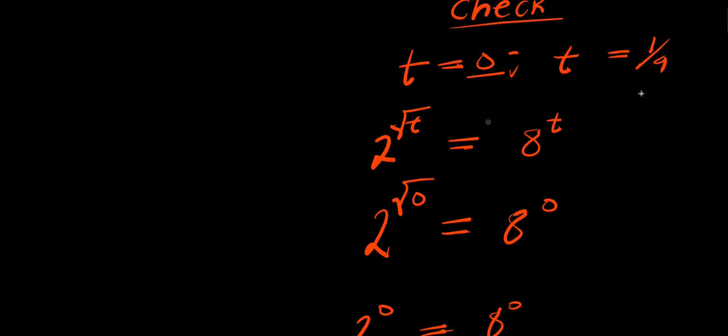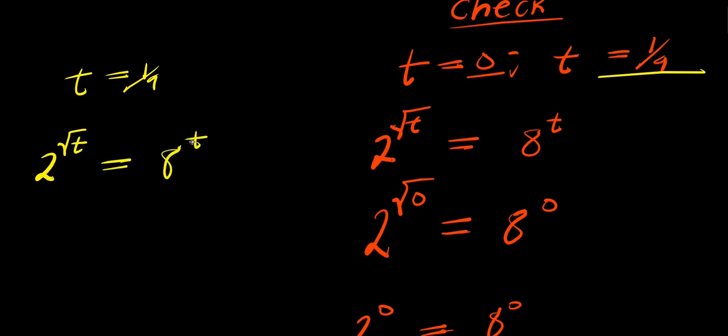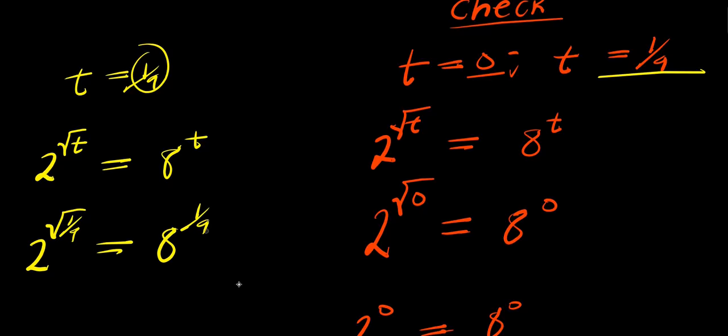So let's consider when t equals 1/9. I will make use of the same equation again. This time t equals 1/9. And we have 2 power square root of t equals 8 power t. And t is 1/9. So I'm going to have 2 power square root of 1/9 equals 8 power 1/9.